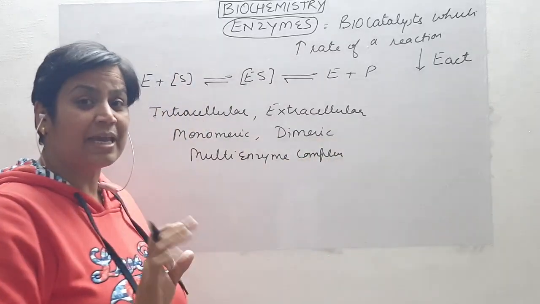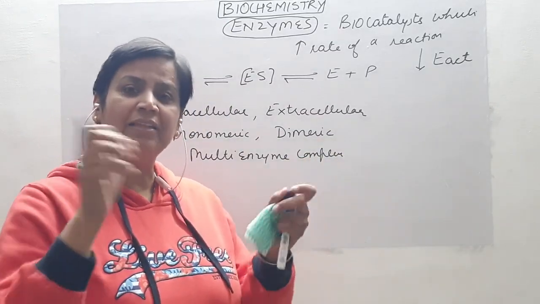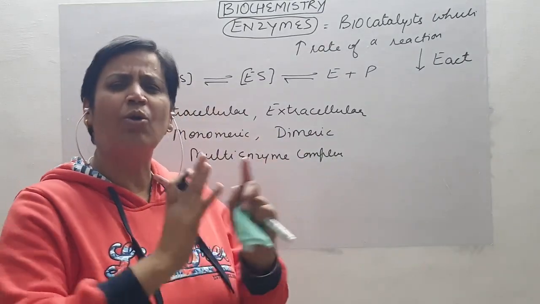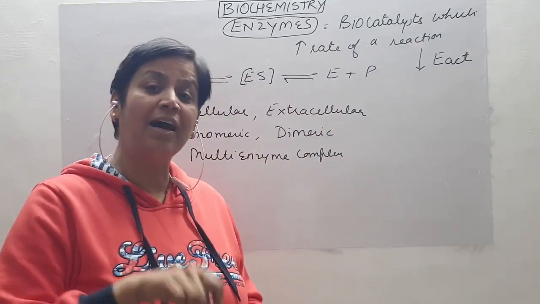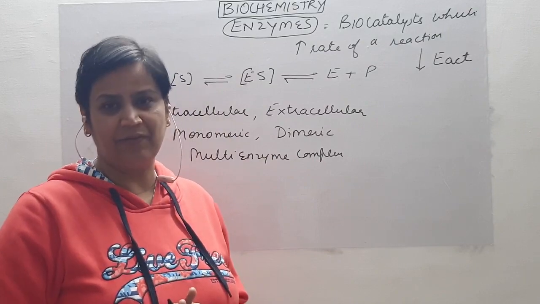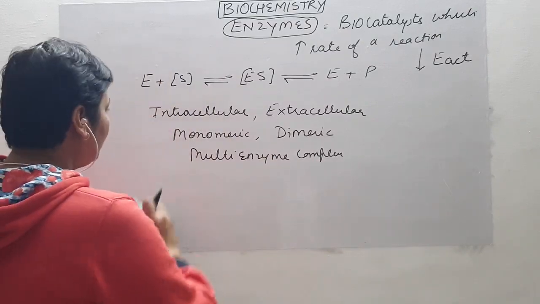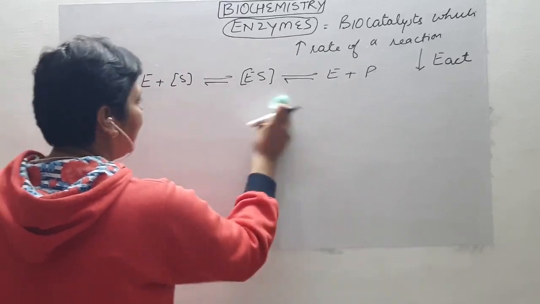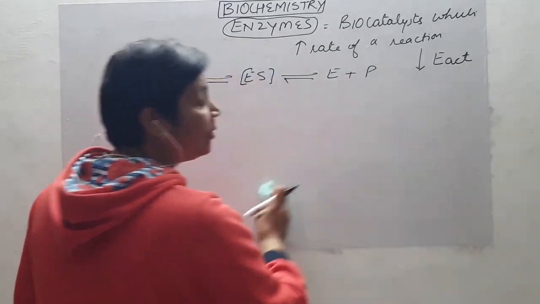Multi-enzyme complex means the enzyme cannot work alone. It requires many other things to work with it. So depending upon the occurrence, enzymes are broadly classified. Now we are going to take each aspect one by one.